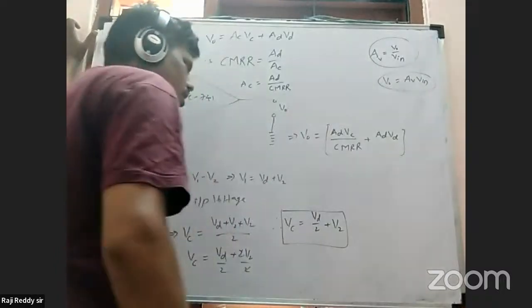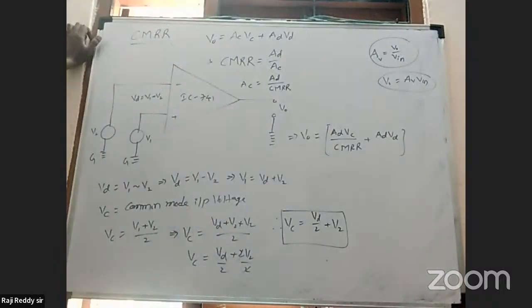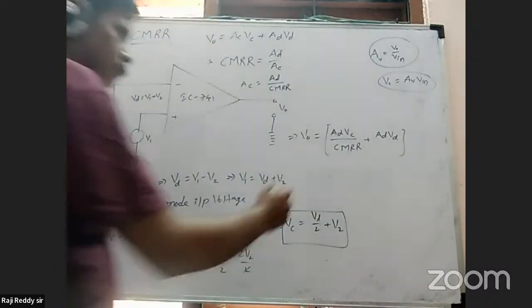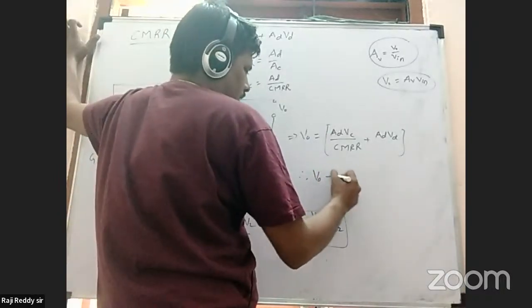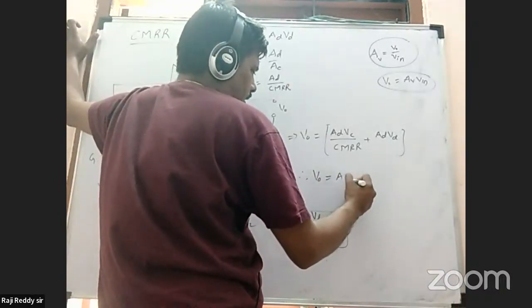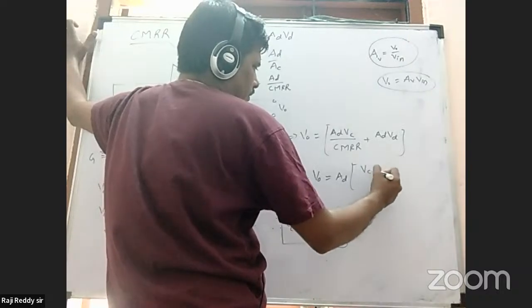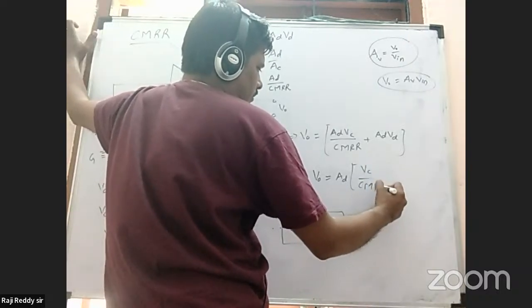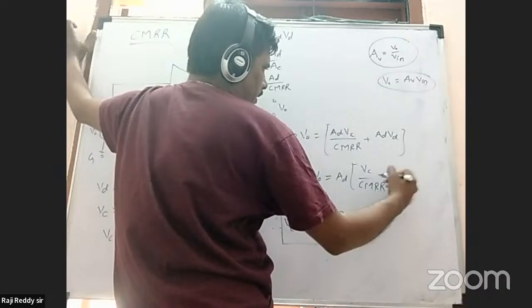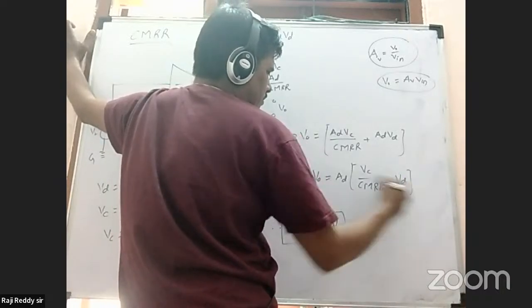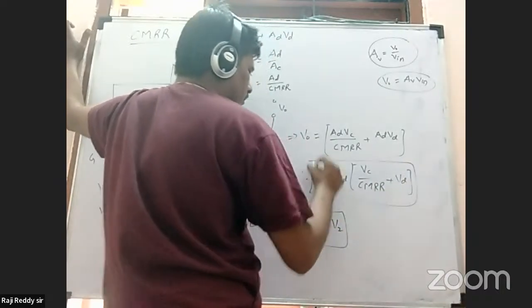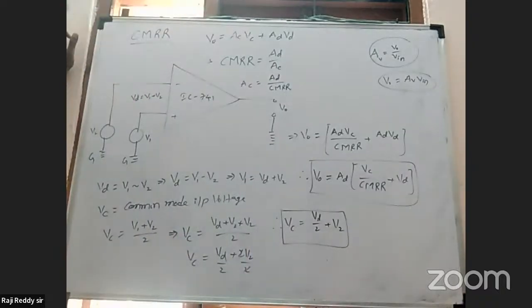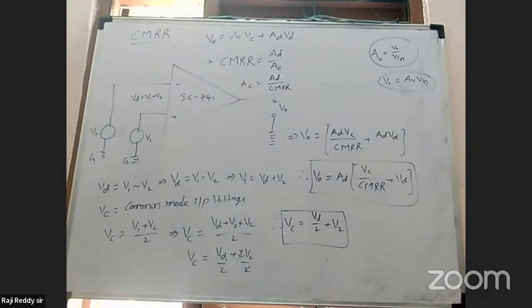Better you can take AD common. Then V naught is equal to AD into VC by CMRR plus VD. Okay?